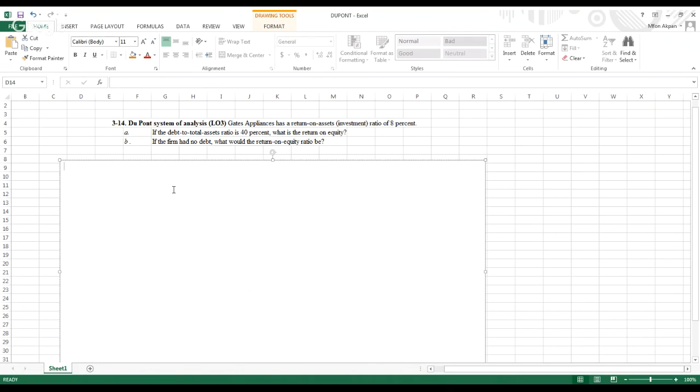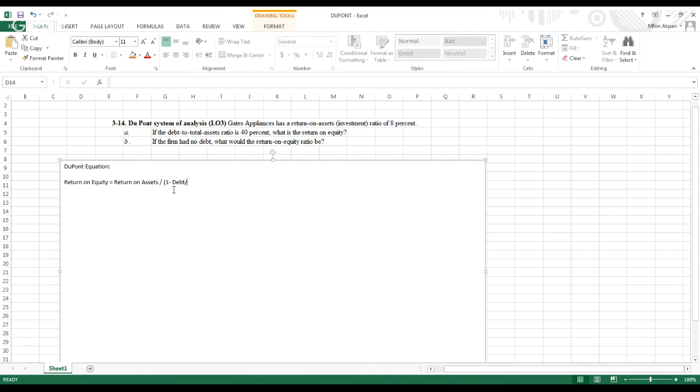So remember, the DuPont equation is return on equity equals return on assets divided by 1 minus debt divided by assets.